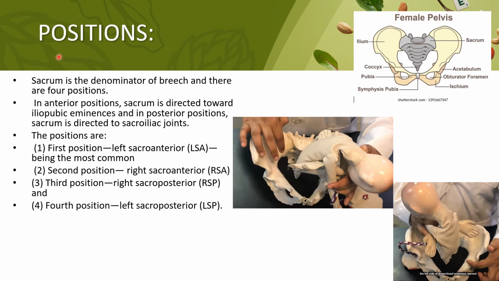In breech presentation, what are the positions? There are four positions. The first is left sacroanterior. If the baby is facing here, left sacroanterior; if here, right sacroanterior; then right sacroposterior and left sacroposterior.